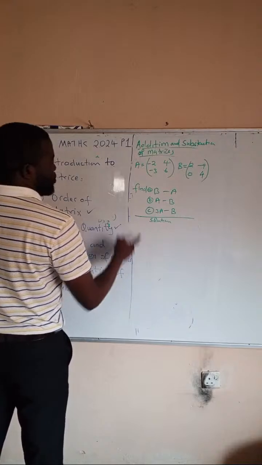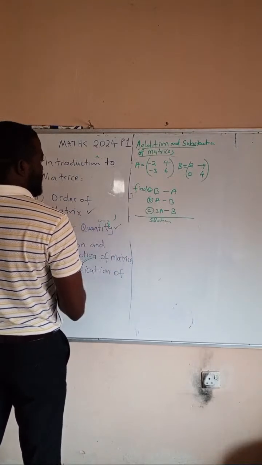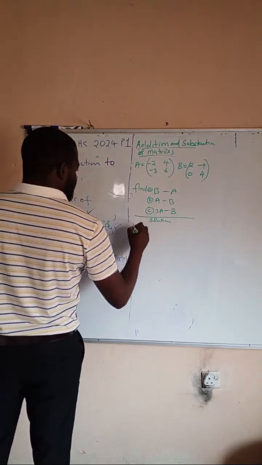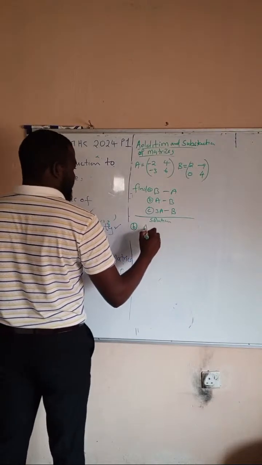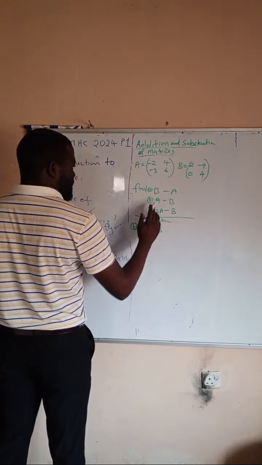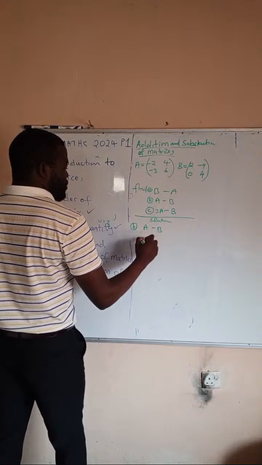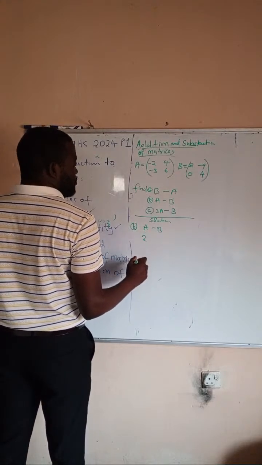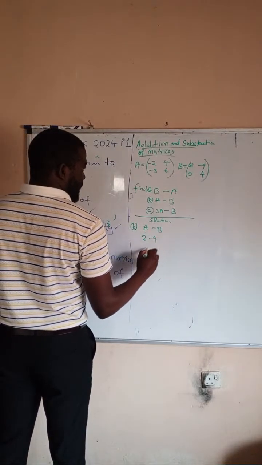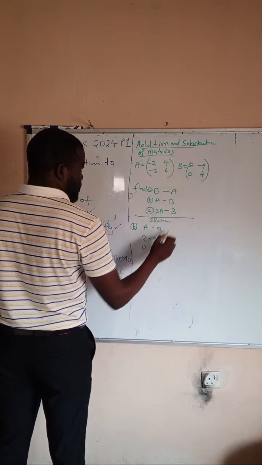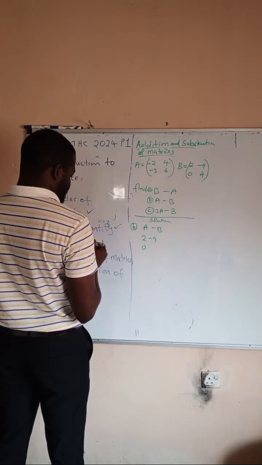So these are the solutions. Question B is A minus B. Okay, question B is A minus B. What is A? Flip them again, sorry.